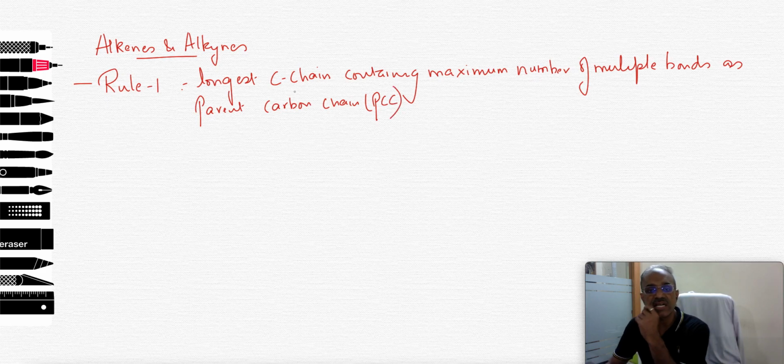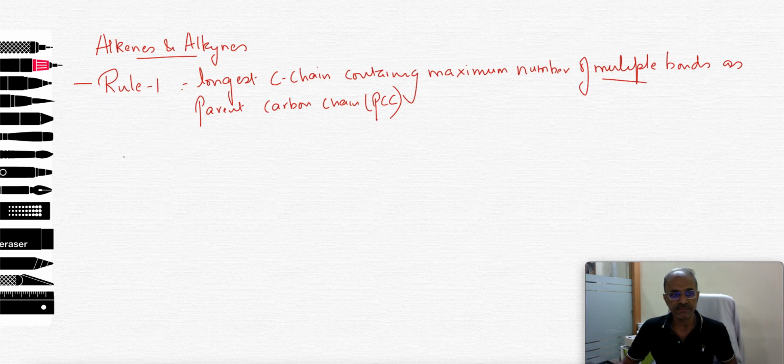So the longest carbon chain which is considered as a parent carbon chain is only that which has the maximum number of multiple bonds. That means a chain which has the maximum number of multiple bonds is considered as the parent carbon chain.